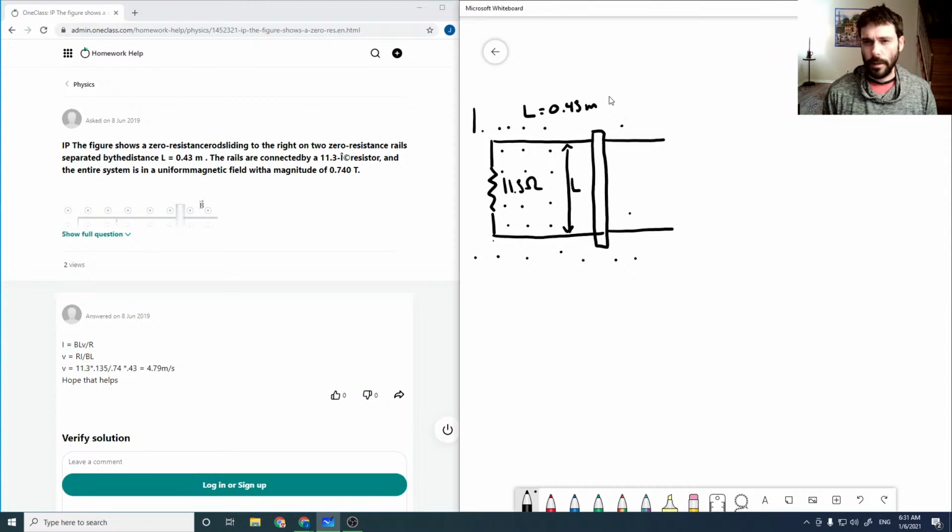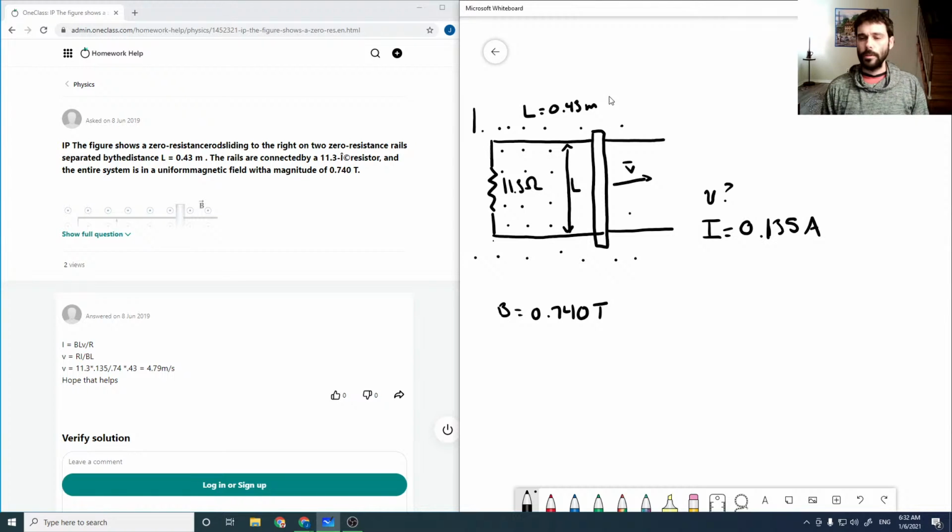It's all coming out of the page, so B is 0.740 Tesla, and the bar moves with the velocity V. The question is, what speed would you need to generate a current of 0.135 amps? Sorry. So what speed would we need to slide the bar to generate a current of 0.135 amps?